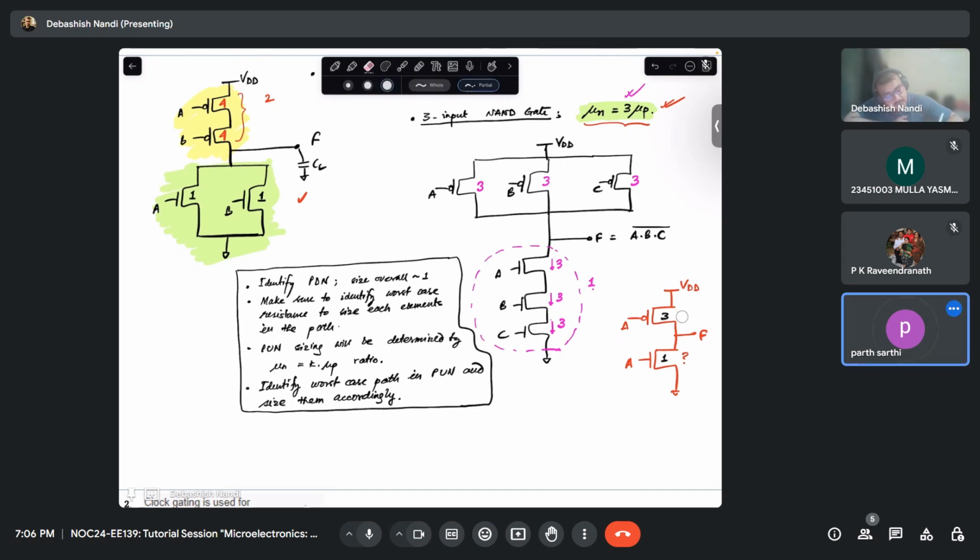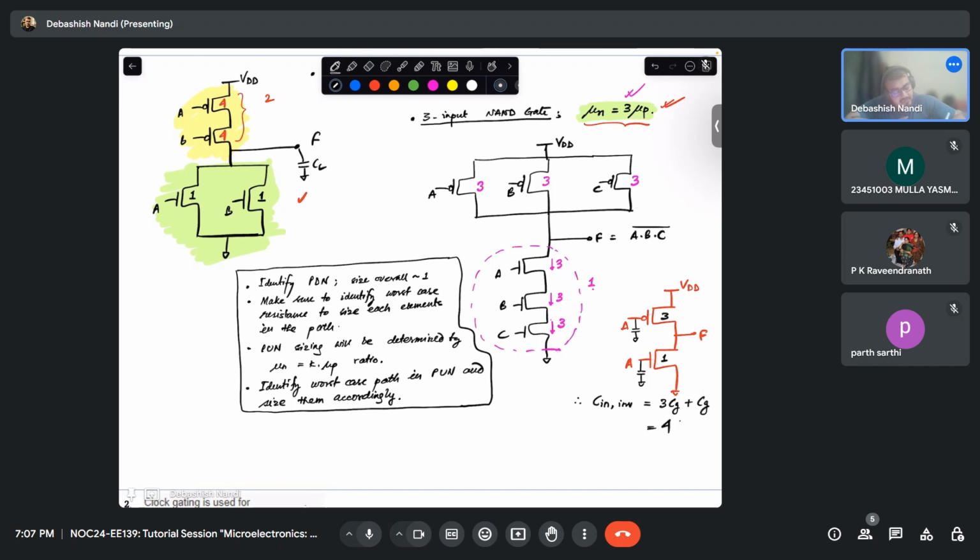Yes, sir. So now can you tell me what is the input capacitances? What is the input capacitance C input of inverter? Let's say your one unit of gate capacitance is Cg. So it will be what? 4 times Cg, 3 Cg in parallel with 1 Cg.